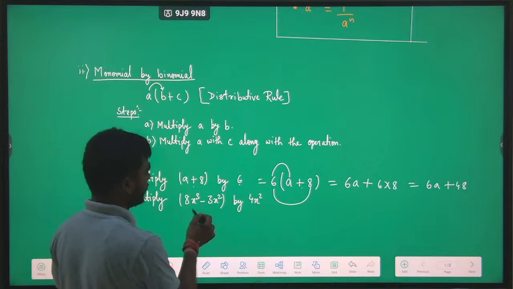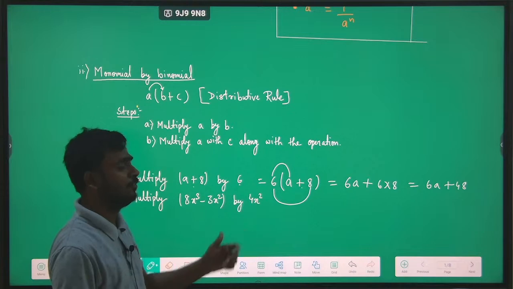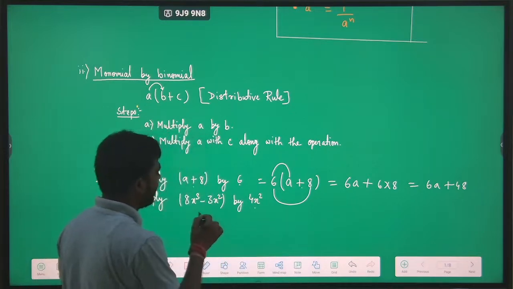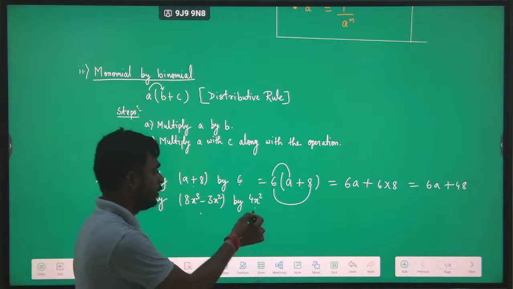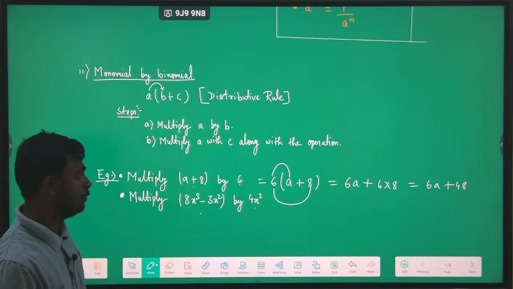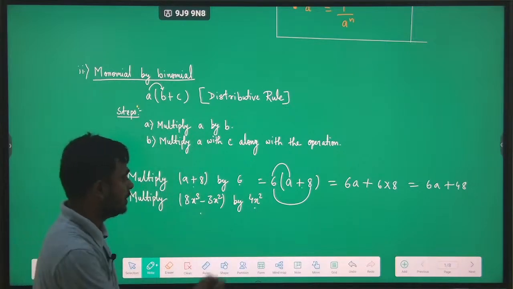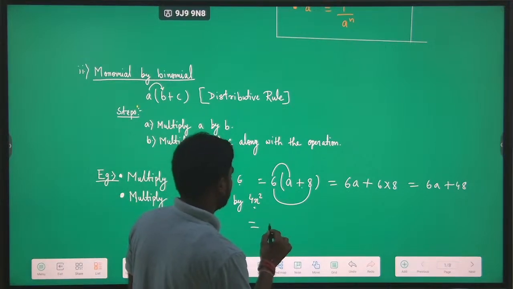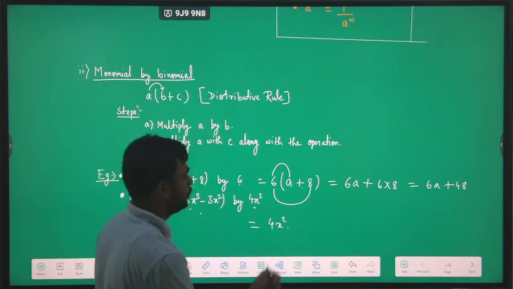Similarly, here comes another question: 8x cube minus 3x square is multiplied with 4x square. 4x square is our monomial and 8x cube minus 3x square is our binomial. So we have to multiply these two. How will we multiply? This is our a, this is our b minus c. So this a will be multiplied with b first. So it will be 4x square multiplied with 8x cube.